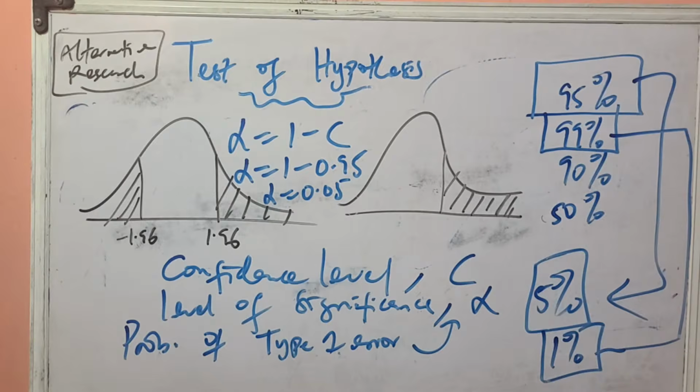If you said you are running a test on 99% confidence level, that means there's a 1% chance that the result you found was by chance alone.